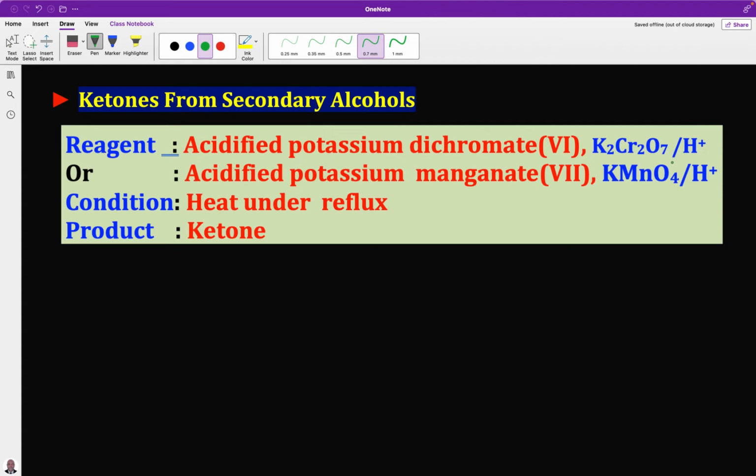Our example that we are going to be using here is propan-2-ol, as an example of a secondary alcohol.